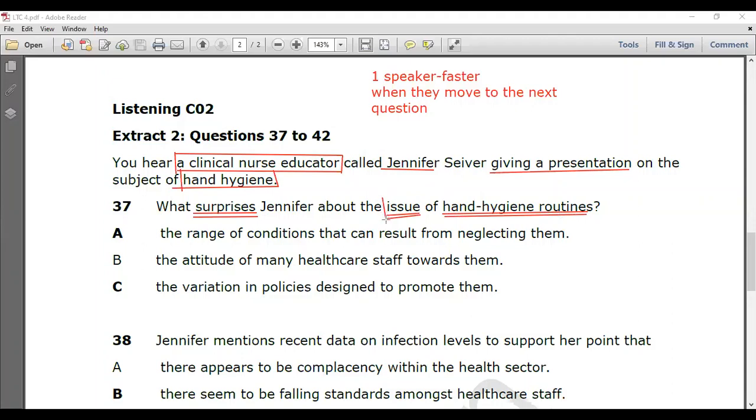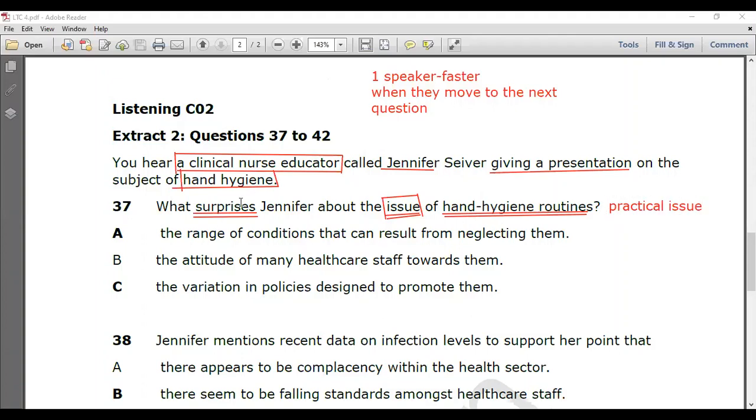It gives you a clear message that this presentation is not simply about hand hygiene or its advantages or disadvantages. This appears to be more related to what are the practical issues probably that we have related to hand hygiene. So this could be probably the subtopic of this question.